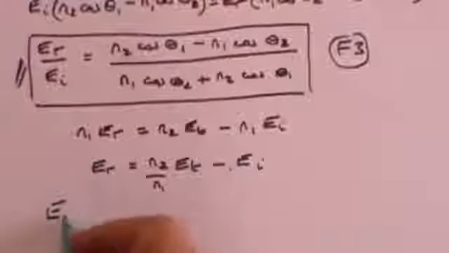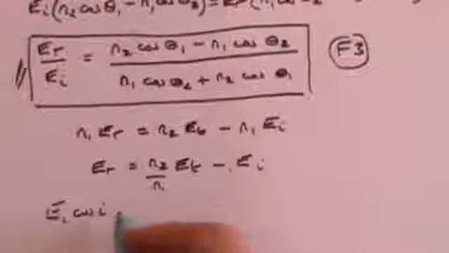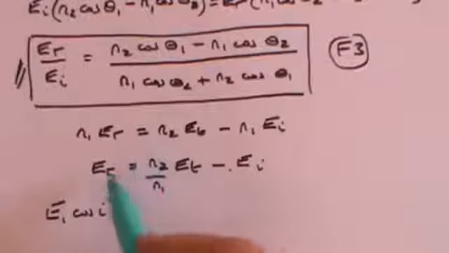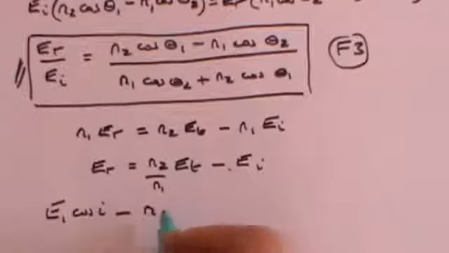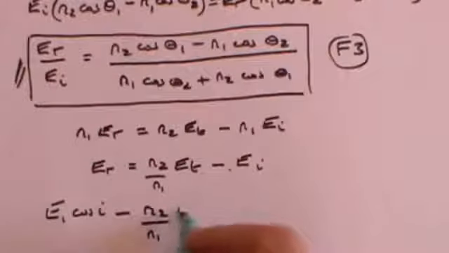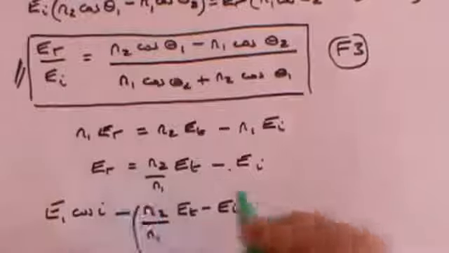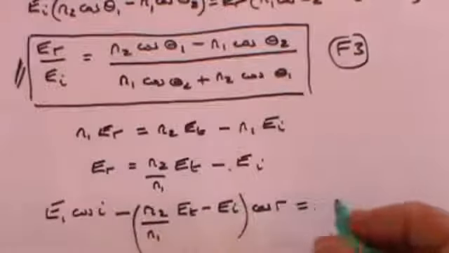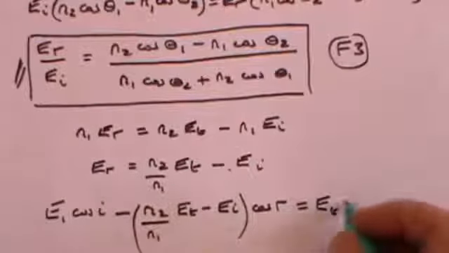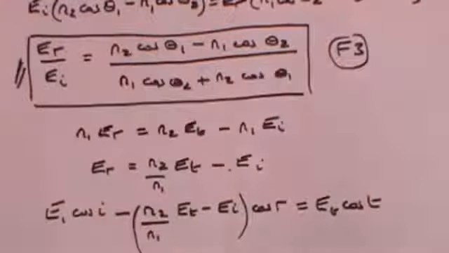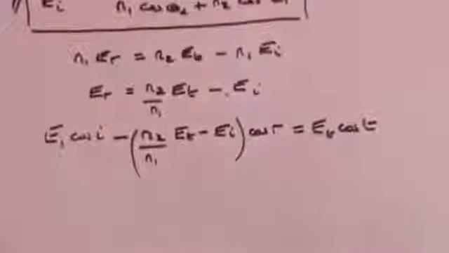Unfortunately, we can't see them both on the screen at the same time, but what that will give you is that EI cosine I minus, and now instead of ER, we're going to have this term here, so it's minus N2 over N1 ET minus EI, that's all ER, times the cosine of R, equals ET times the cosine of T. So in the next line what we're going to do is to multiply through by N1 and change I and R to theta 1 and T to theta 2. So let's see if we can get that right.